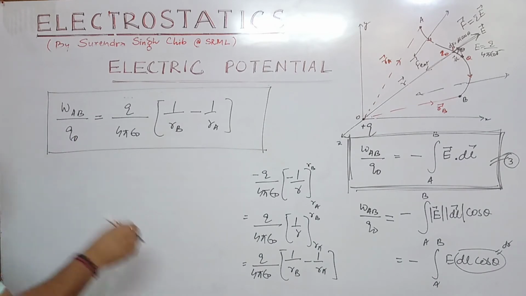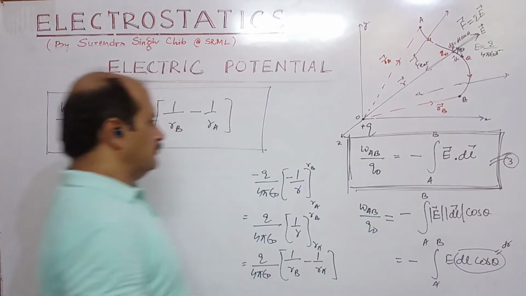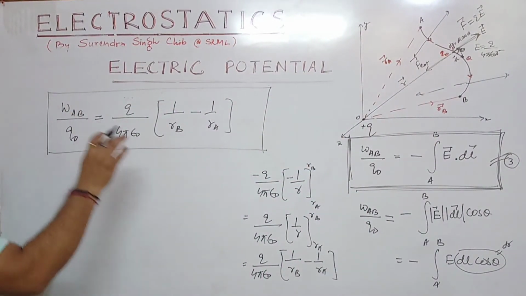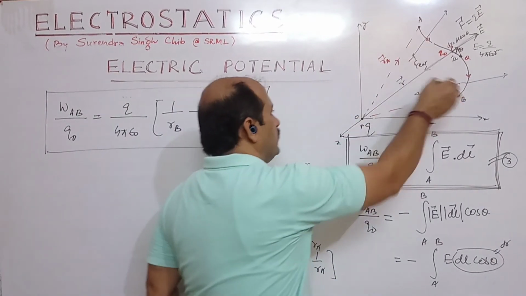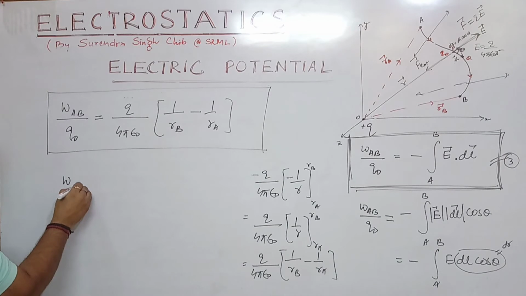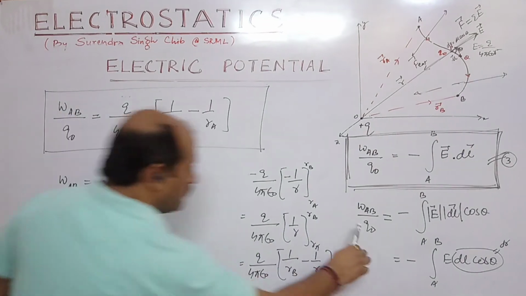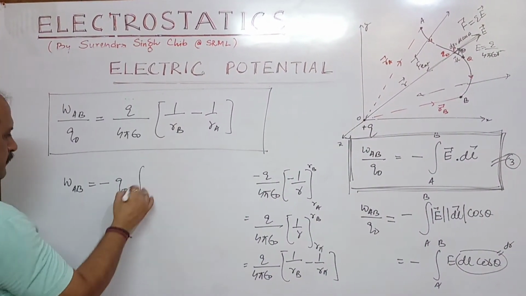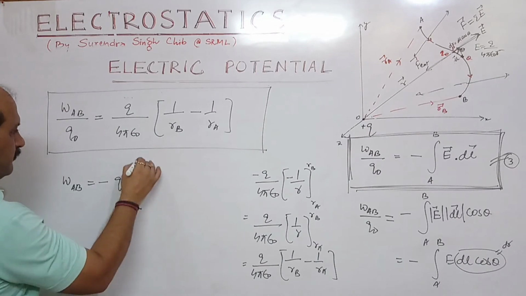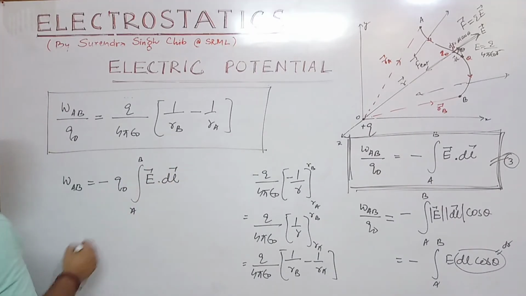But today I am taking the line integral of the electric field and work done in moving a charge from A to B. So what is work done in moving a charge from A to B? Work done in moving a charge from A to B is equal to minus Q naught line integral of electric field E dot dl, जिसको बाद में सॉल्व करने के बाद हमारा आंसर क्या निकला?